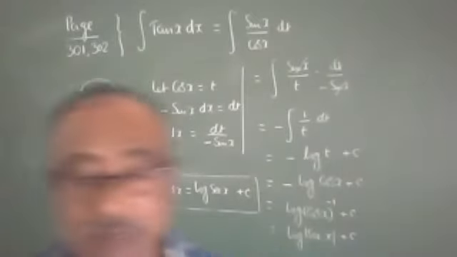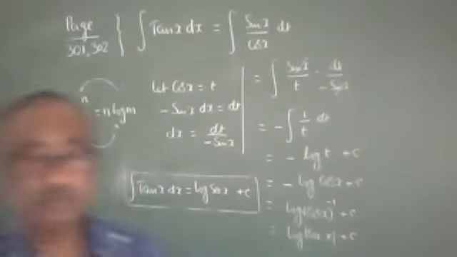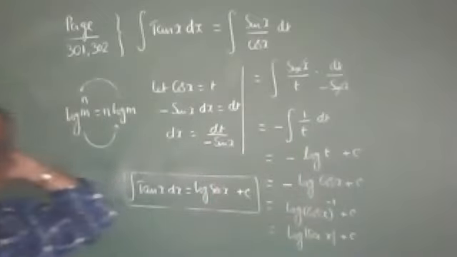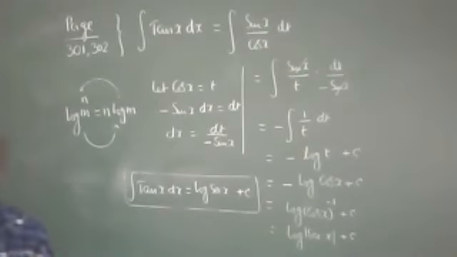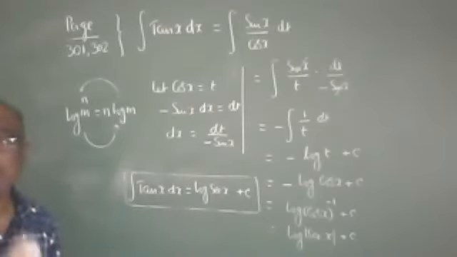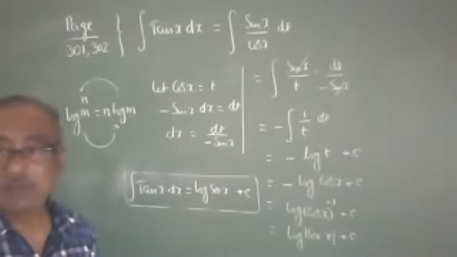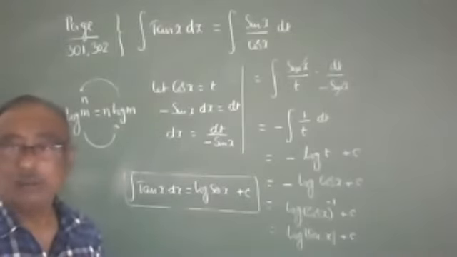Integral of cot x first. Cot x is cos x by sin x. Cos derivative we have, sin derivative we have. That's why you should give the preference to the denominator. So let the denominator sin x be t.